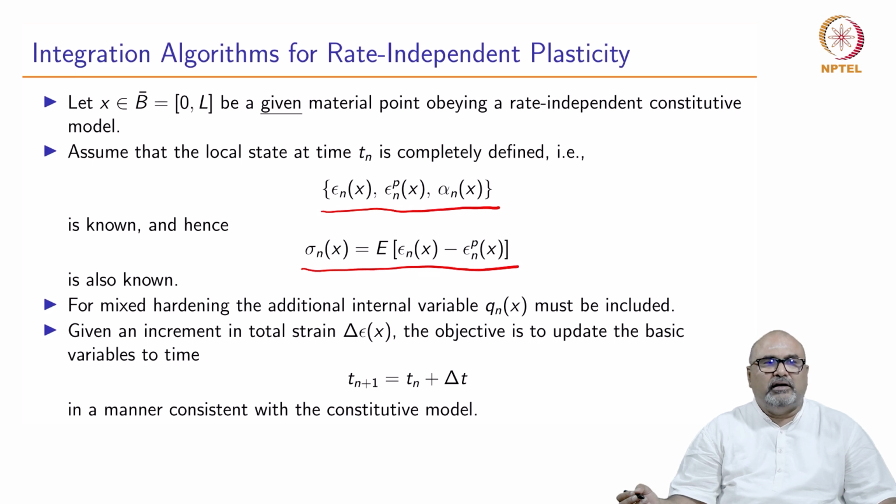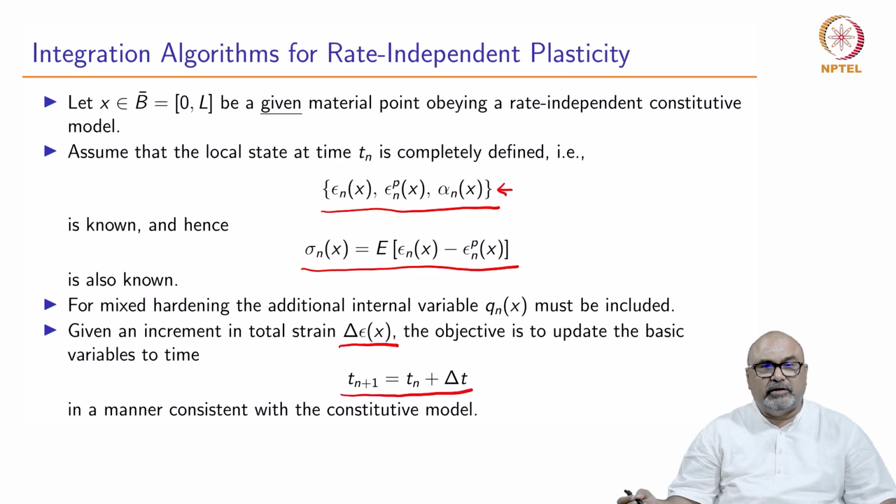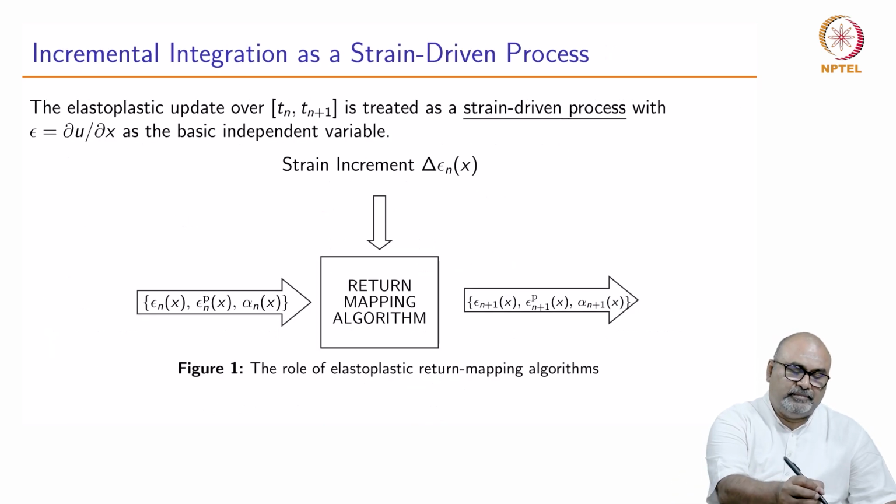Now, for a mixed hardening case, the additional internal variable q n must also be included in the above expression. So, given a total strain increment delta epsilon of x, the objective is to update the basic set of variables as we go from Tn to Tn plus 1, defined as Tn plus 1 equal to Tn plus delta t, in a manner that is consistent with the constitutive model that we have discussed earlier.